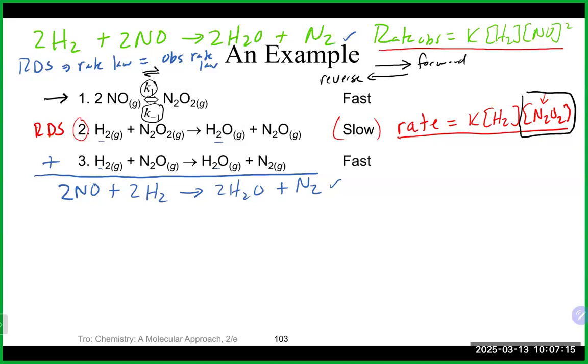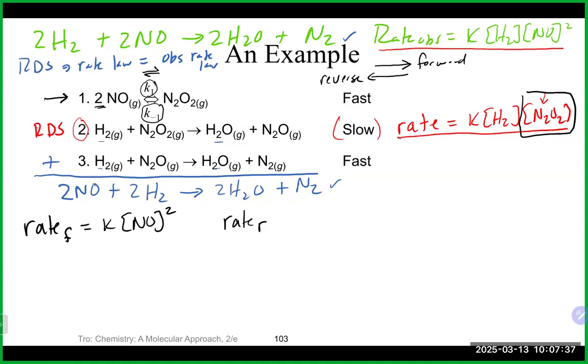So if we were to write the rate law here for the forward direction, I'll call it F, that means it's like a normal reaction, reactants to products. So we would do k times NO, and we would square it again because of the coefficient that is there. We could also write the rate law for the reverse reaction.